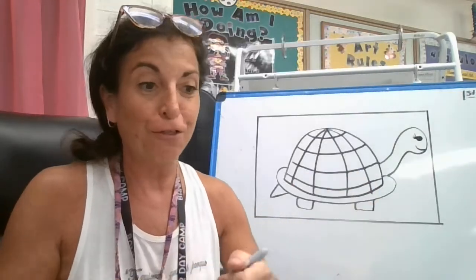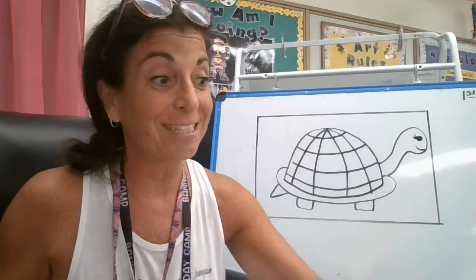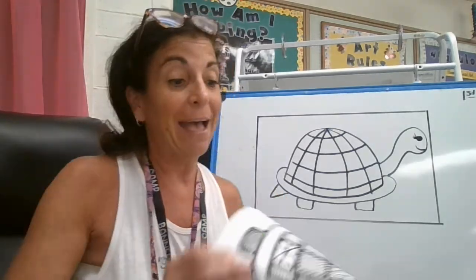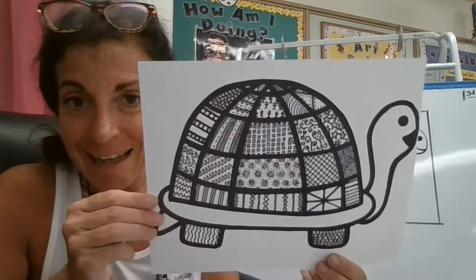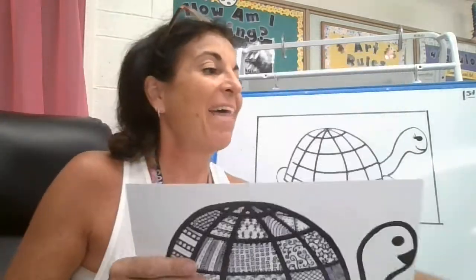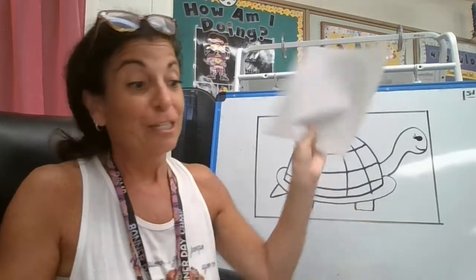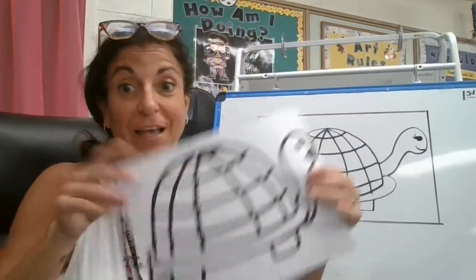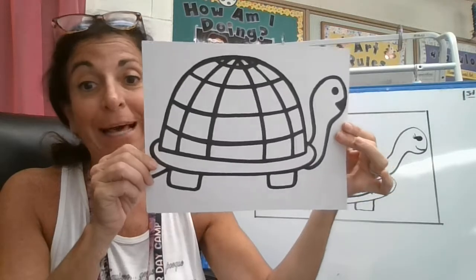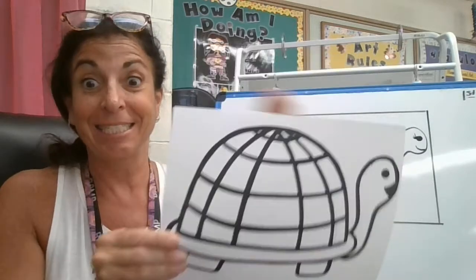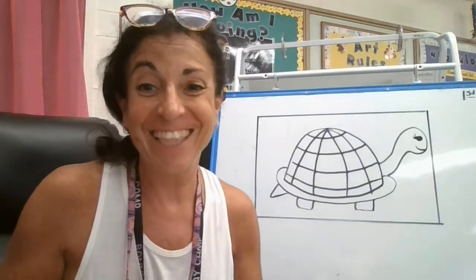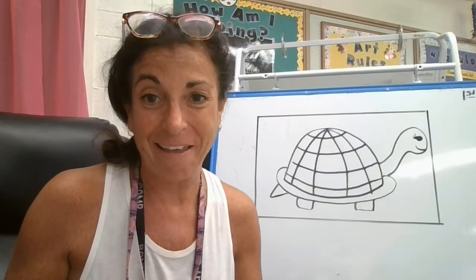Don't go any further. When we get together for our next class, we will be adding line designs to our turtle and then adding color. So when you have finished adding just your bold black lines today, stop. You've done everything that you need to do today.